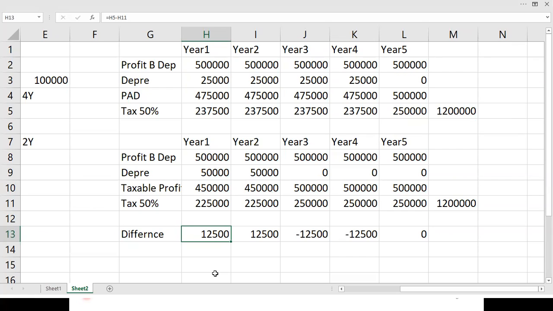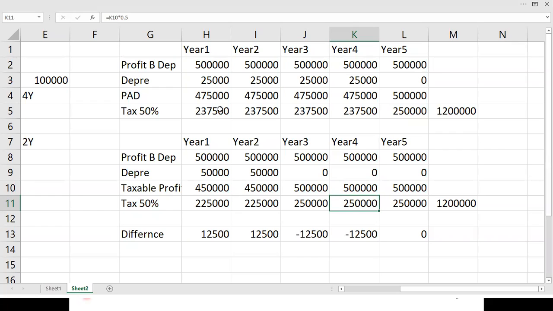You have reduced the tax, but if you are paying a lesser amount of tax, it means in the future you have to settle that. That's why in the 5 years, the total tax amounts are equal. But when we see year by year, the tax is different.